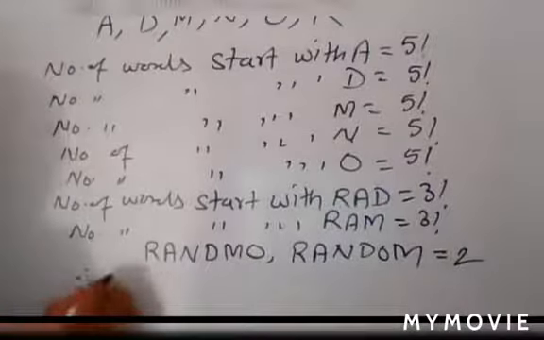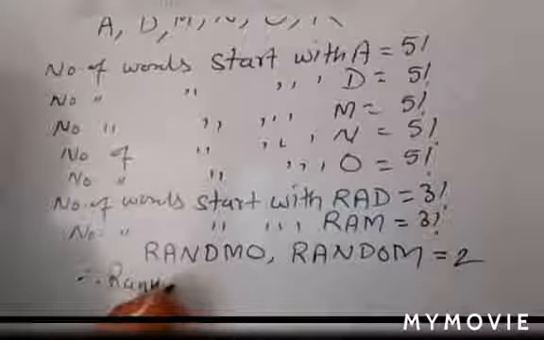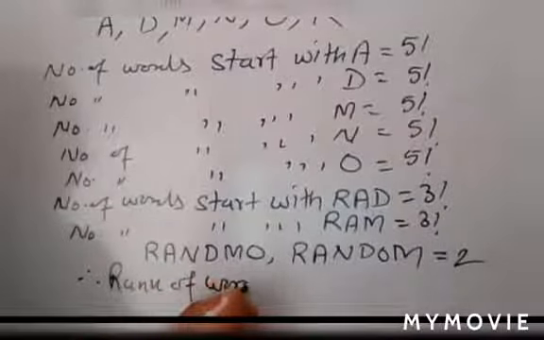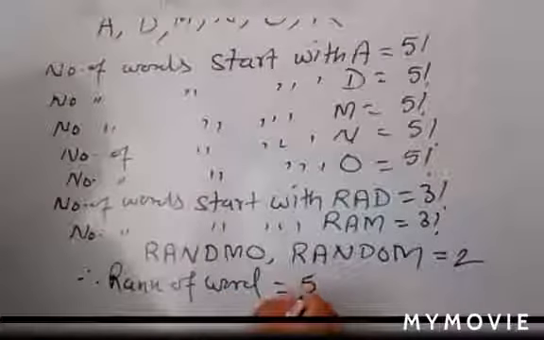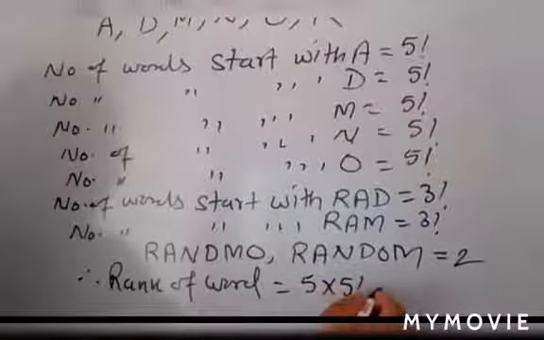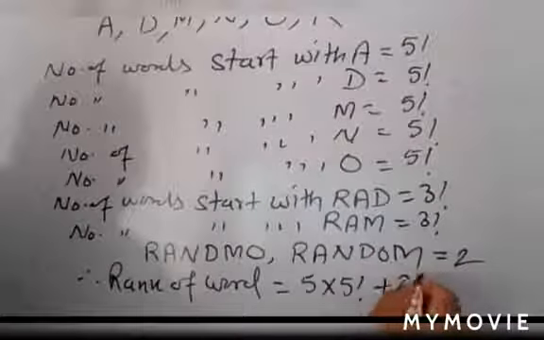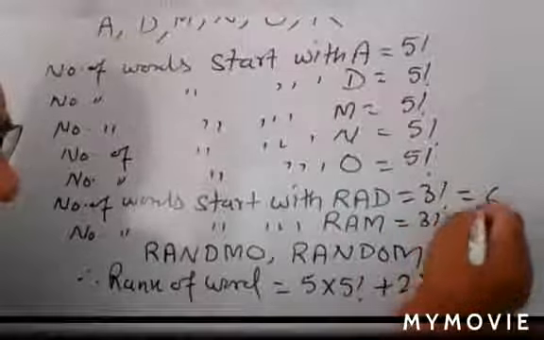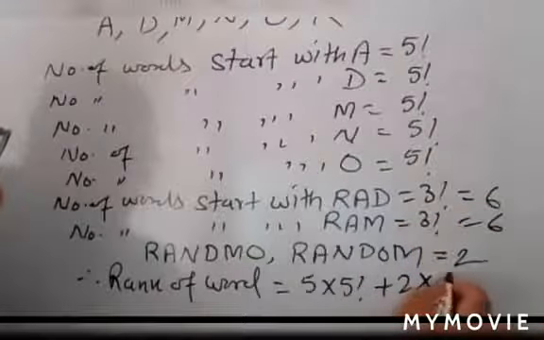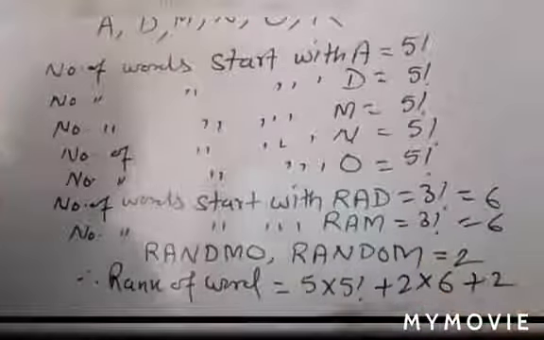So hence, rank of the word is equal to 5 into factorial 5, plus here you have 2 into factorial 3, which is 6, plus 2.